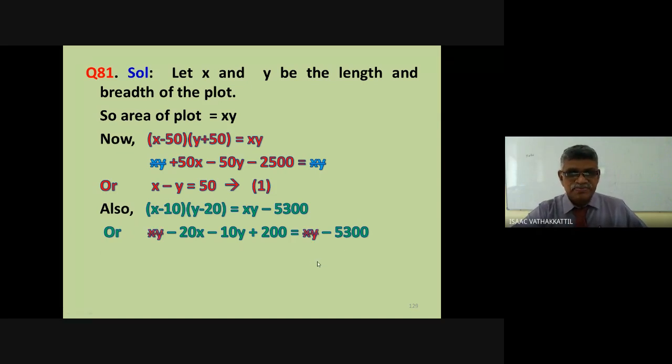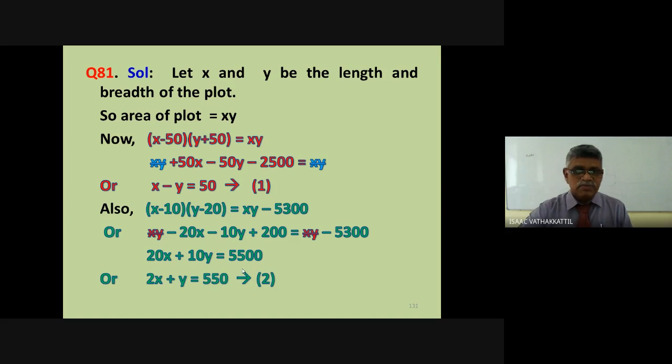The xy goes, this 200 is taken to the other side, and dividing both sides by minus 10, you get 20x plus 10y equal to 5,500, or 2x plus y equal to 550.